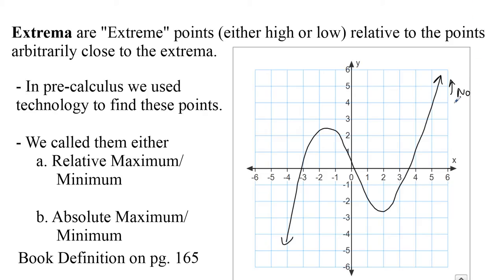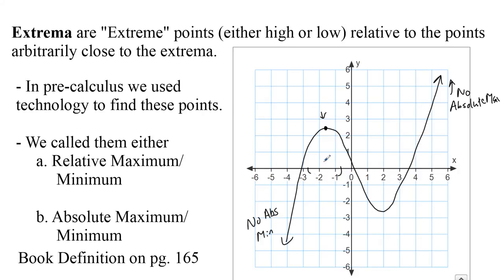So there is no absolute maximum, and down here, because it goes down forever, there is no absolute minimum. Now, there is though a point that in this general vicinity on the x-axis, this point right here is the biggest in that general vicinity.